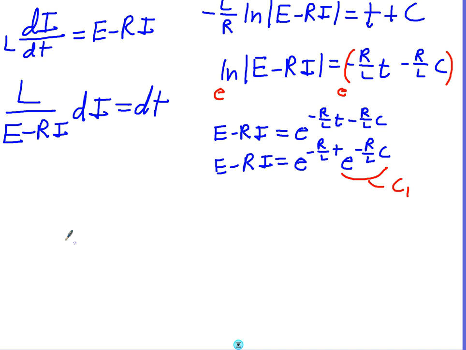So we've got right now, I'll write over here, that takes up too much space. We're going to have E minus Ri equals C1 e to the negative R over L times t. Okay.